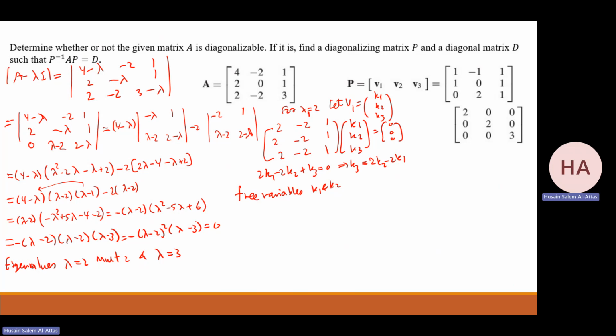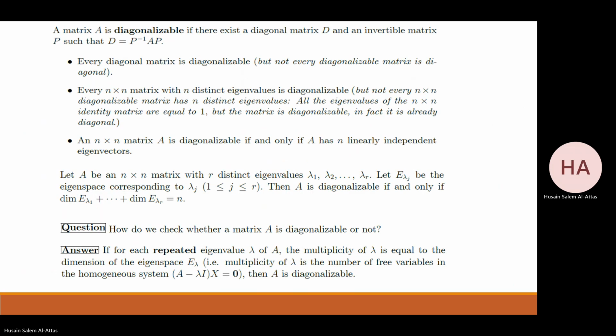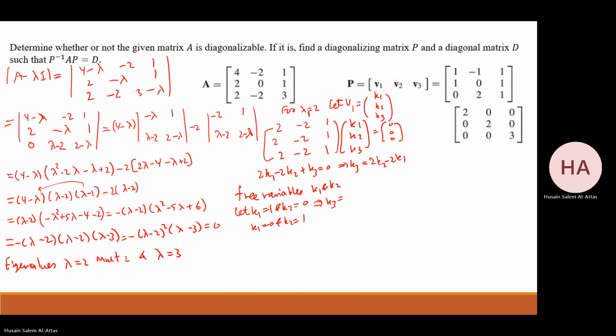I can do it another way, but this is the way I'm doing it. So I let k1 be 1 and k2 be 0, and k1 be 0 and k2 equal 1, to be sure they are linearly independent. So k3 will be what? k3 will be minus 2 in this case, and k3 here will be 2.